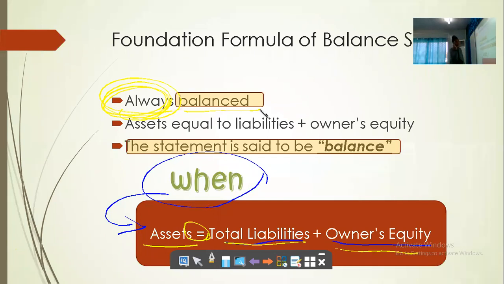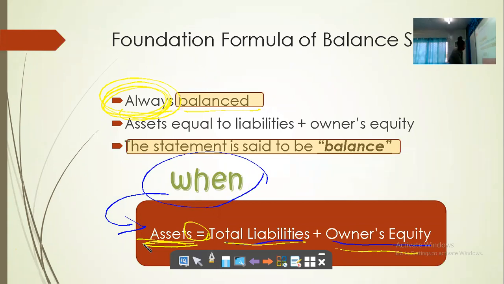If the total of assets is 20,000 kina, what will be the total of liabilities and owner's equity? 20,000 kina. Well done. If it's 50,000 kina, what will be the total of liabilities and equity? 50,000 kina.